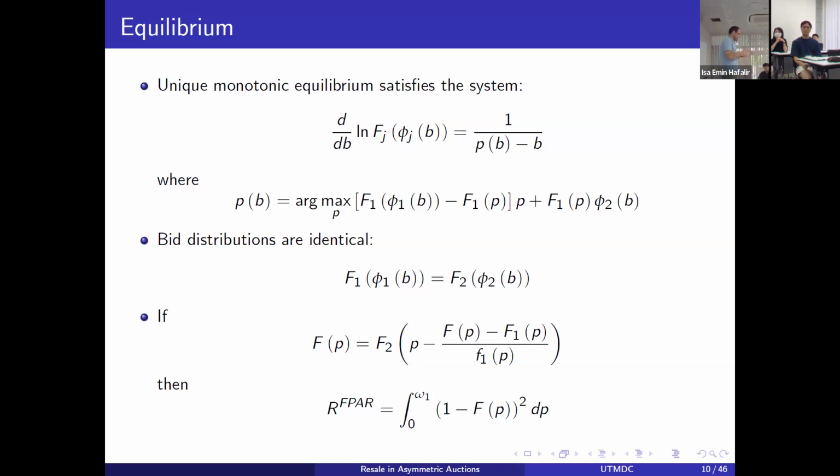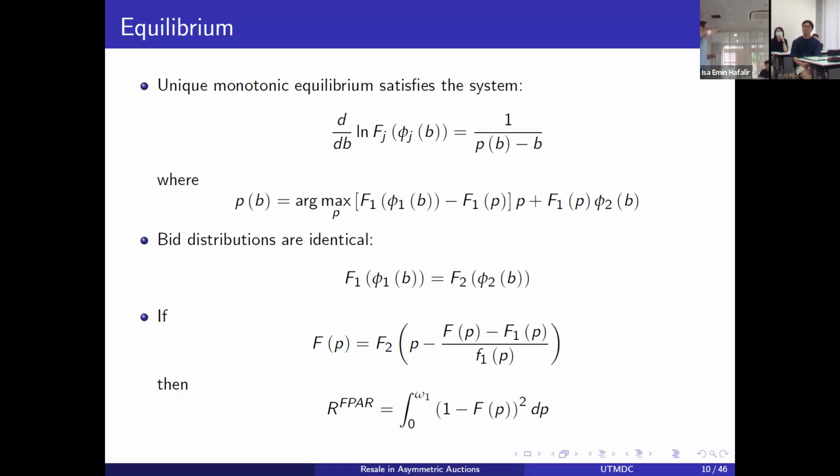In the resale stage, if I'm the winner, given the information, I know my bid but I do not know my opponent's bid, so what price will I choose? For the loser, it's easy: the loser will just obtain a take-it-or-leave-it offer of a price. Sequential rationality requires that I accept the offer if and only if this price is lower than my value. That's the strategy.